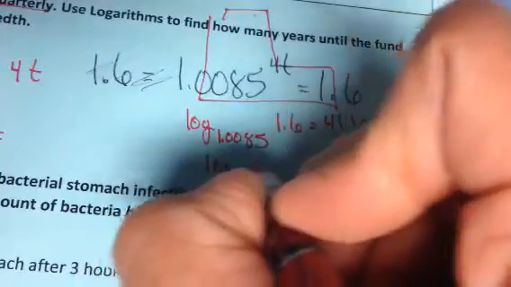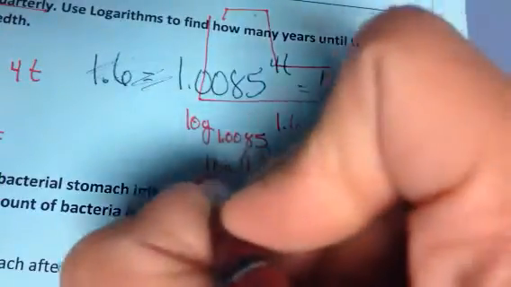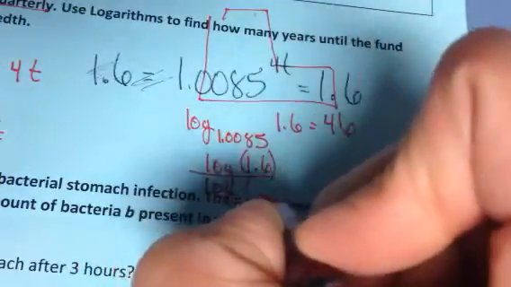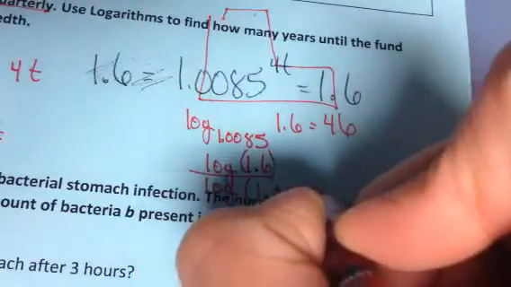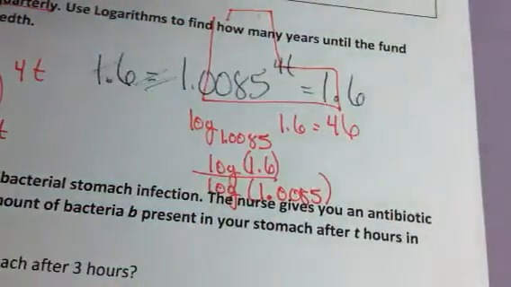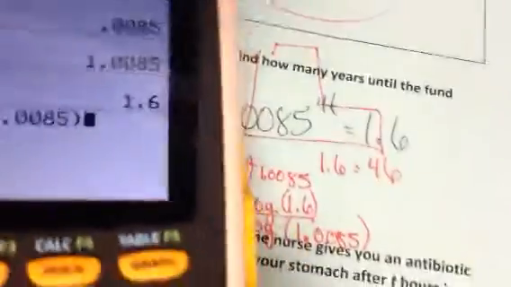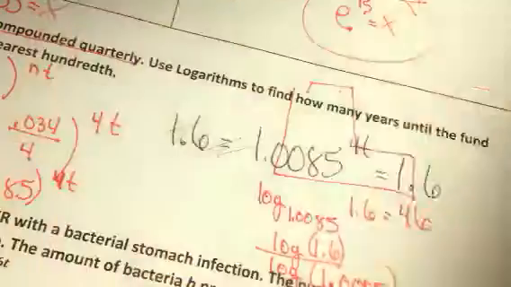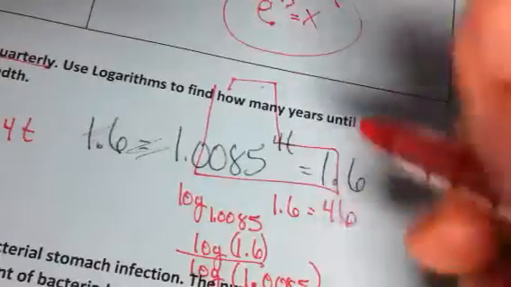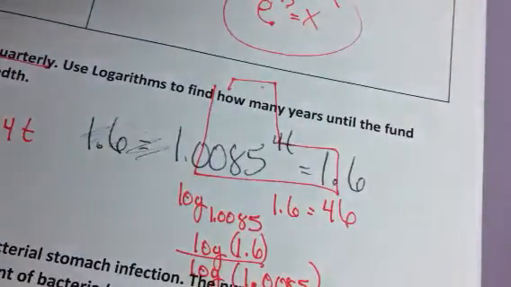The rest of us are going to have to do this. Log 1.6 over log with that longer decimal number. So I'm doing that right now. Again, don't forget to close those parentheses. So when I do that, that's equaling.